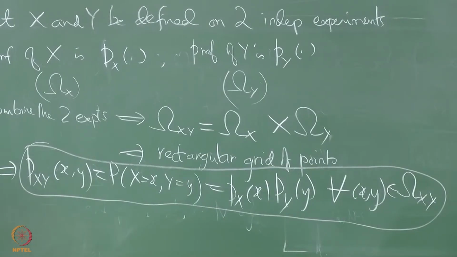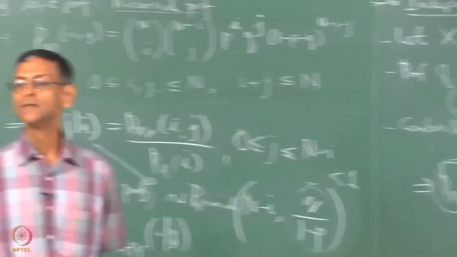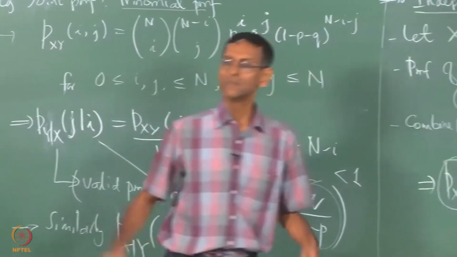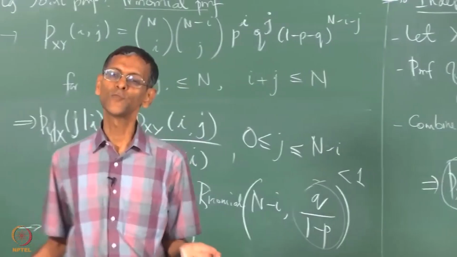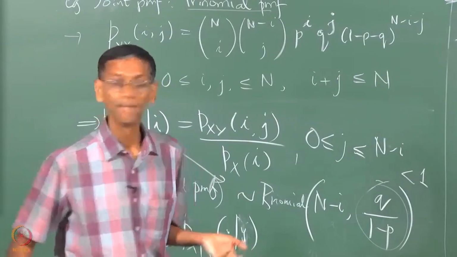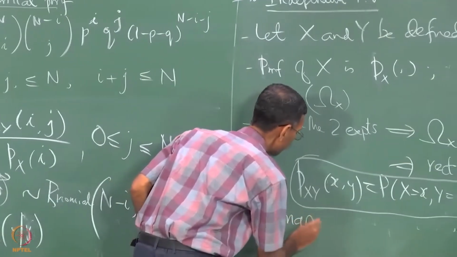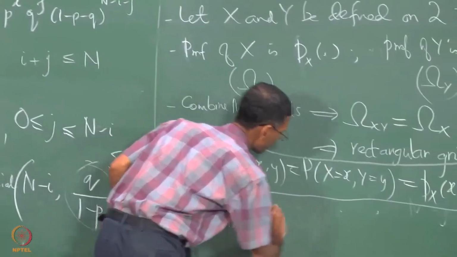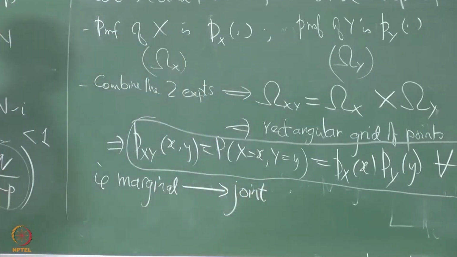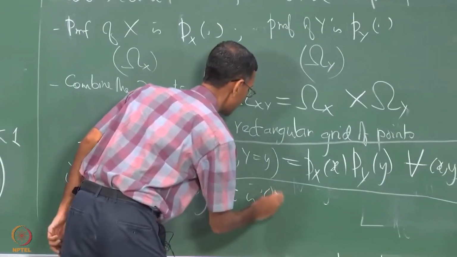Here we are actually going from the marginal to the joint. So in the independent case you can always construct the joint as a product of the marginals. This is doable, it is fine.